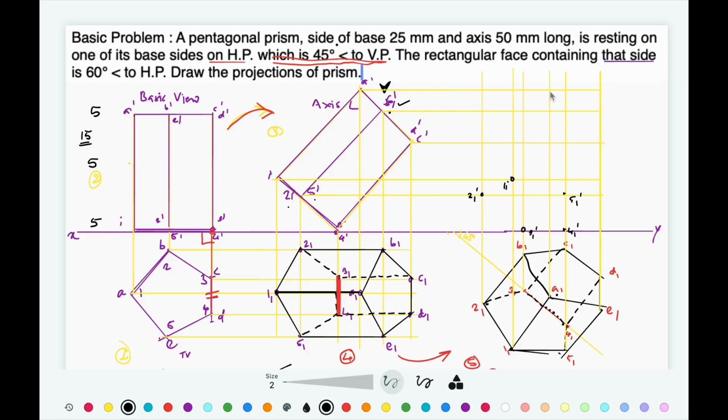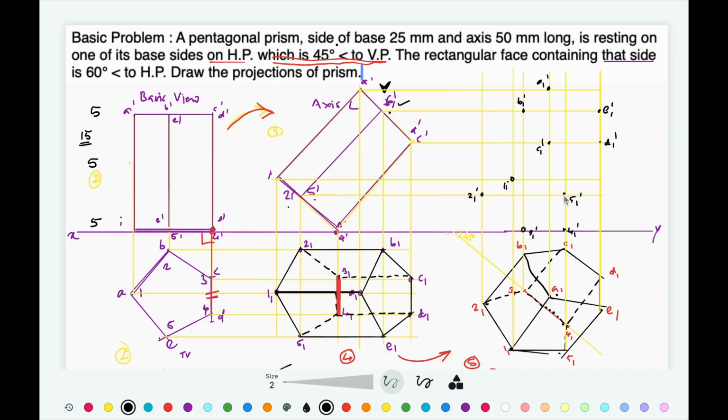Similarly, this is A1 dash, this is B1 dash. I am taking projections from top view and front view and referring those intersection points. So this is C1 dash, this is D1 dash, and where is point E? Yes, at the center. This is E1 dash.